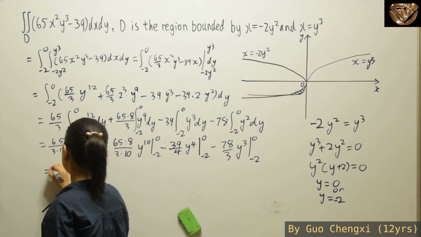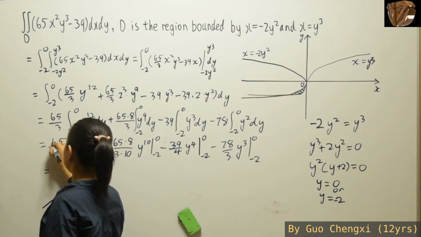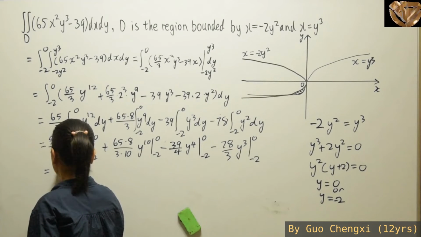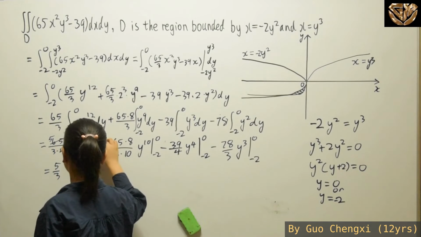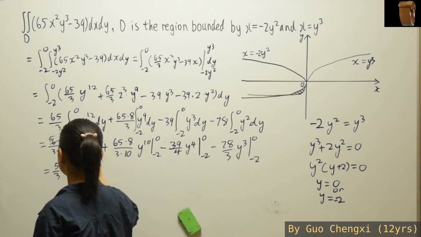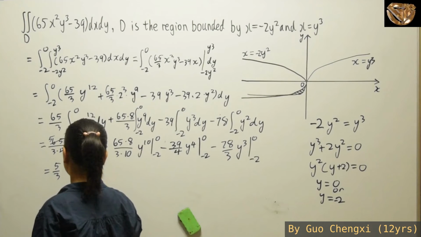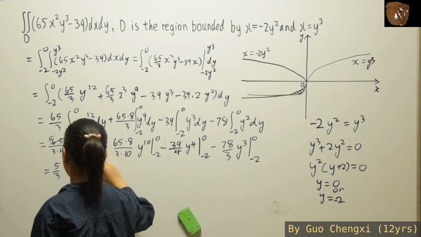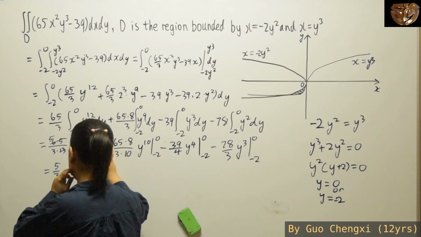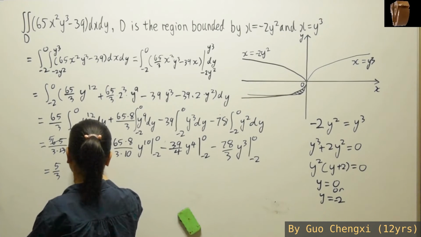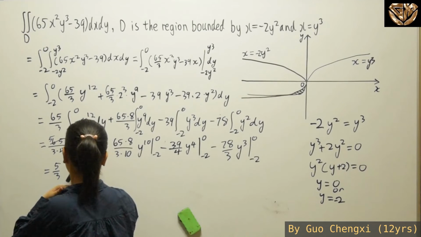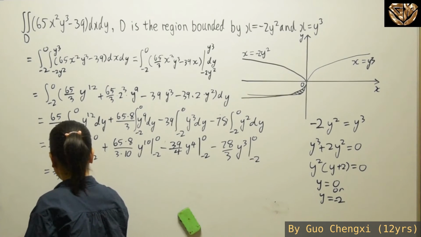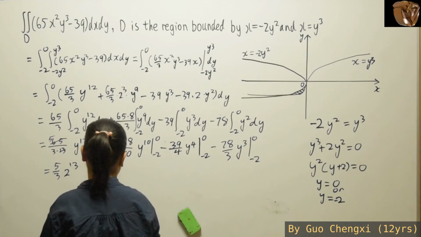Then for this part, what we can do is simplify it, whereas this will only be left with 5. So it becomes 5 over 3. Well, for this, if you sub in 0, it will still stay at 0, which you can ignore. Then when you substitute this part inside, since you have a minus, there's supposedly a negative, but since this power is odd, there's going to be another negative to cancel it out, and you're going to be left with this.